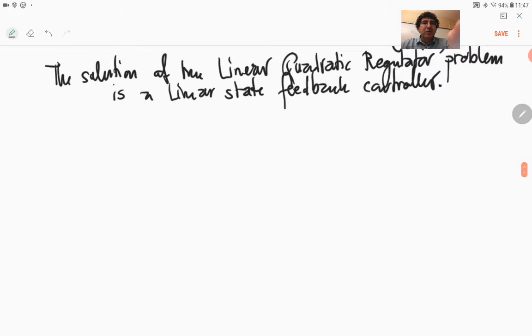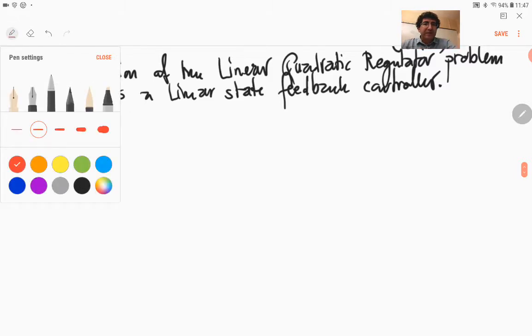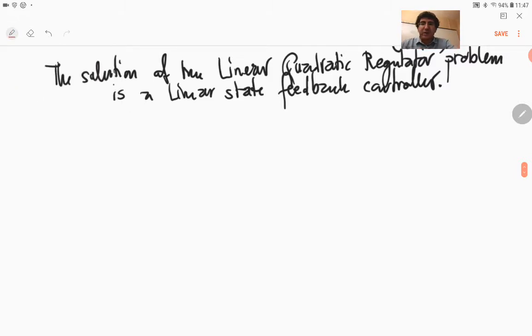Okay, so for an nth order system, obviously we have everything as matrices. Okay, so this is our general solution.